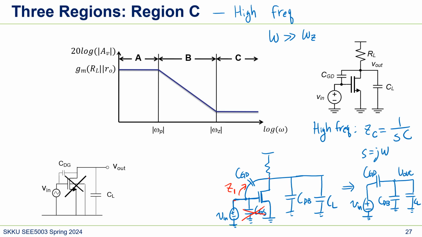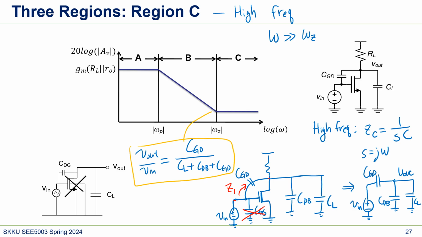So VL over Vin is set by the capacitor divider. So the gain is not decreasing. The gain will just be flat when the frequency is larger than omega Z.